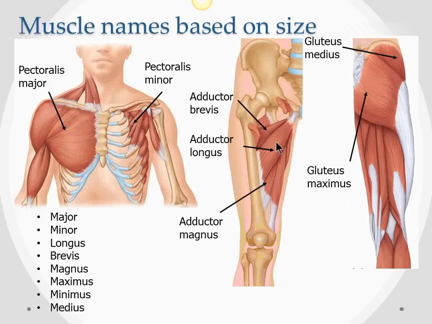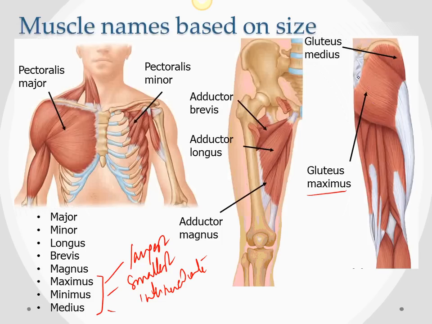Then we have another way we can name muscles based on size. These are maximus, minimus and medius. Maximus obviously means the largest. Minimus obviously means the smallest. And medius means something intermediate. The muscles that we have are in the gluteal region, which is the buttock area. So gluteus maximus is this huge muscle, the largest muscle in the body.